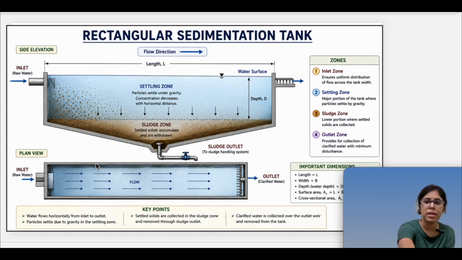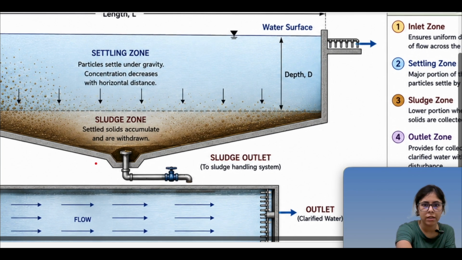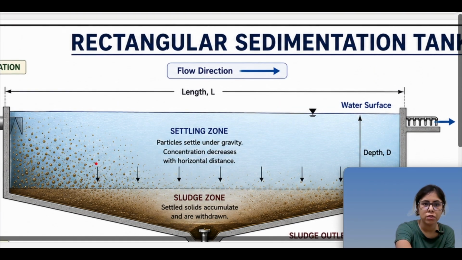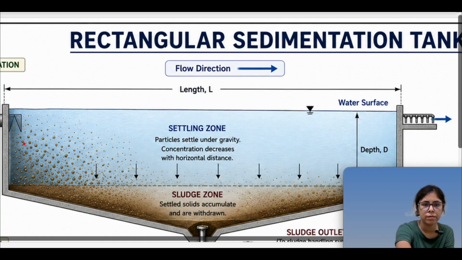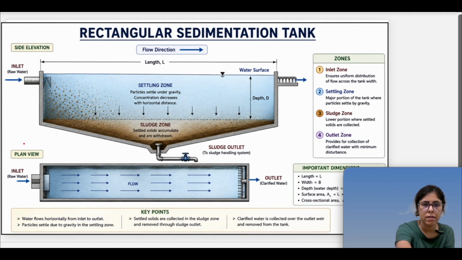So here you can see, let's see the different design parameters. This is the side elevation of the tank, and what you will be having is the inlet. The raw water is coming from the inlet, and this is the length. If I see the plan view, it will be something like this.